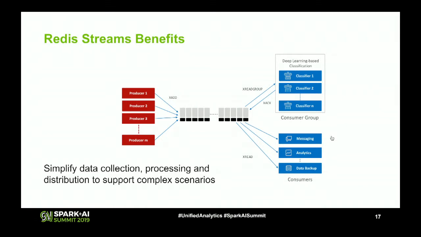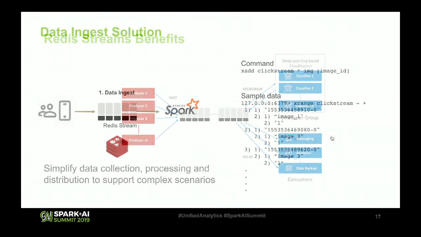They can just do look-back every day or every hour or every week, whatever. And you can keep data forever in Redis streams. It's not like Amazon Kinesis where you can keep data for a day or less, or Kafka where you can keep up to 3 days or a week, depending on what service you have. Here you can keep data forever. You don't need to delete data, right?